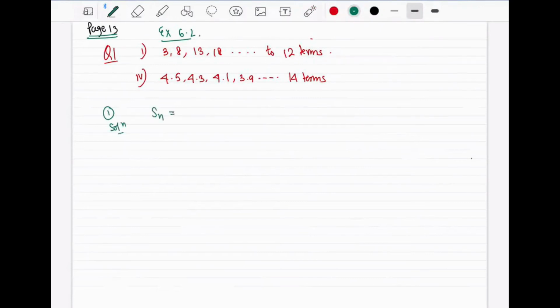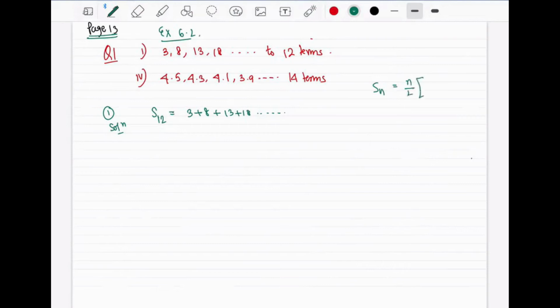Sn is the sum of n terms. How many terms are there? There are 12 of them, so n will be replaced by 12. I'm writing S12 is equal to 3 plus 8 plus 13 plus 18 plus, up to 12 terms. Here you have to know which formula to use.